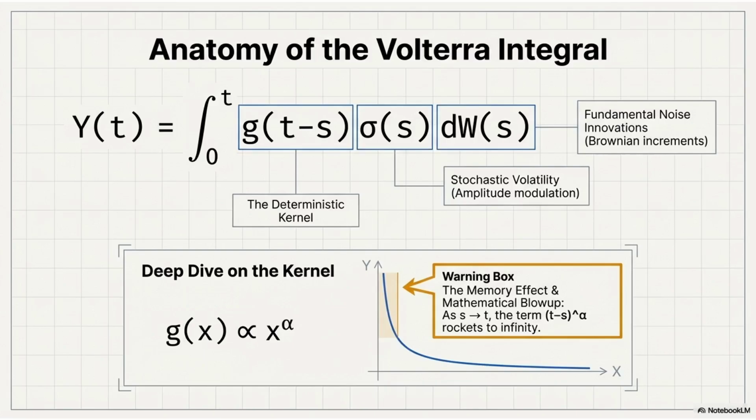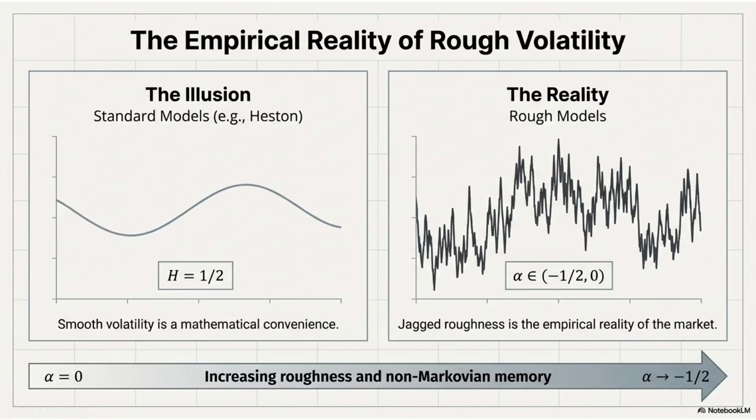In standard models like Heston, we pretend the volatility moves in nice smooth waves like this, which is purely a mathematical convenience. But real volatility is rough, jagged, and unpredictable. This roughness is governed by the parameter called alpha.